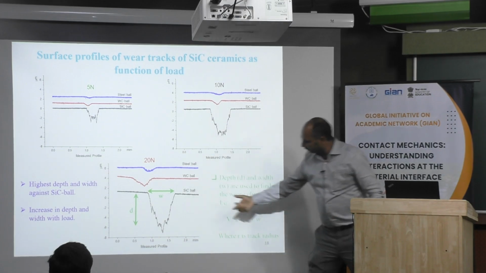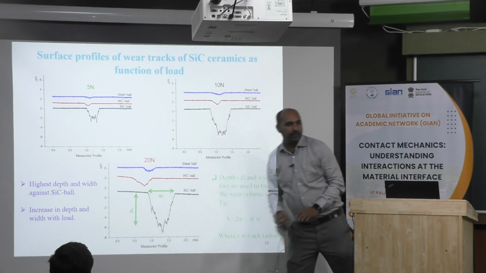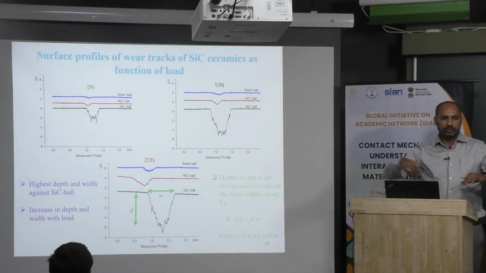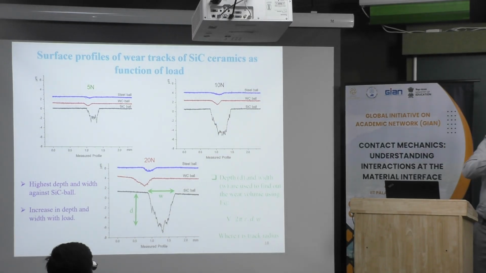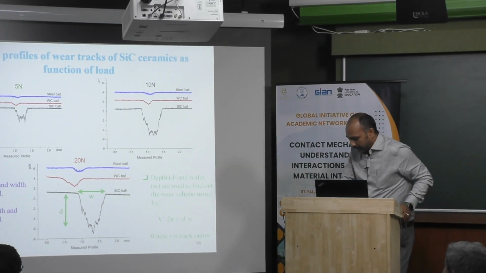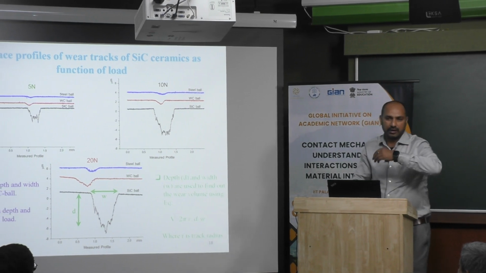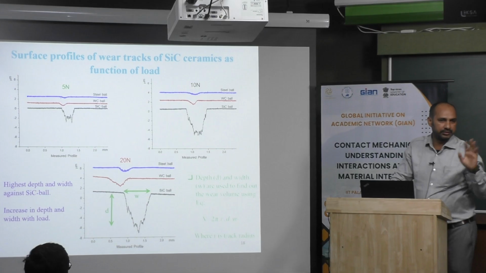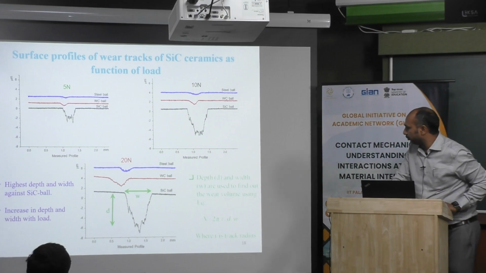Simply we are measuring the depth and W, and we are using 2 pi r d into W to calculate the volume. We did not go with the area under the curve. We use the simple method. It is already considered applicable in different applications. So we can consider this particular method to calculate the wear volume.